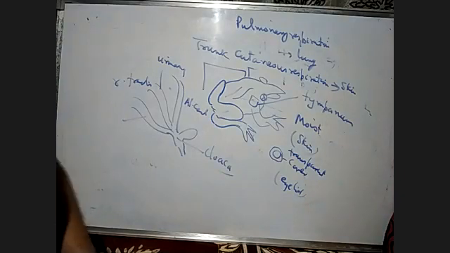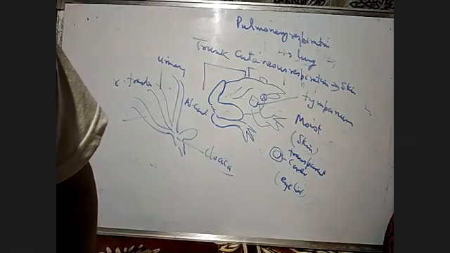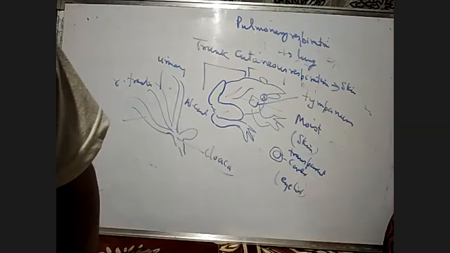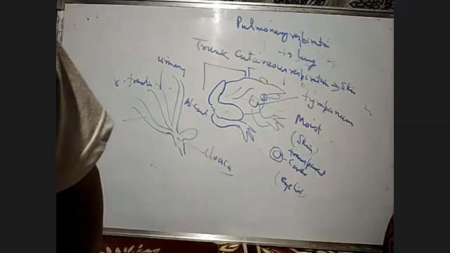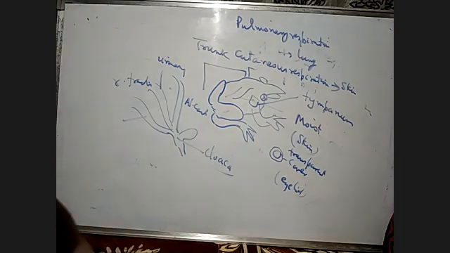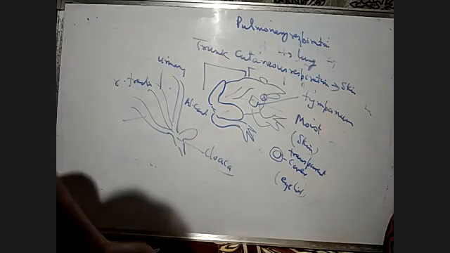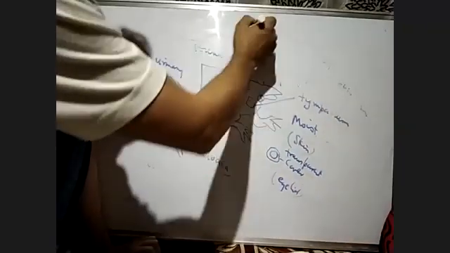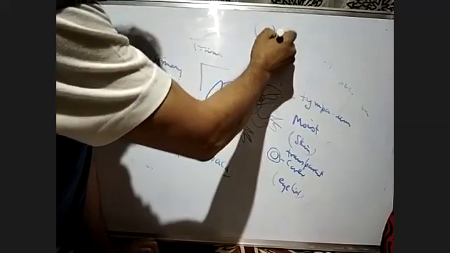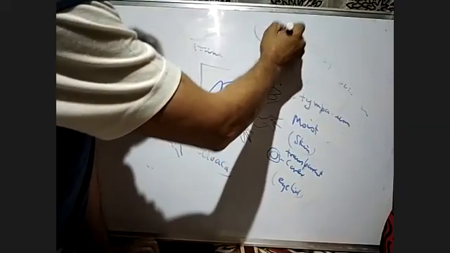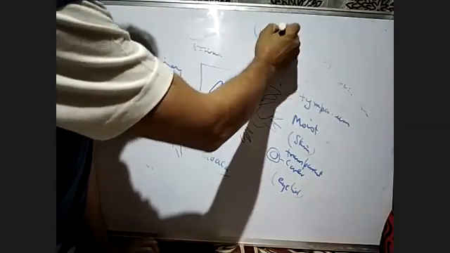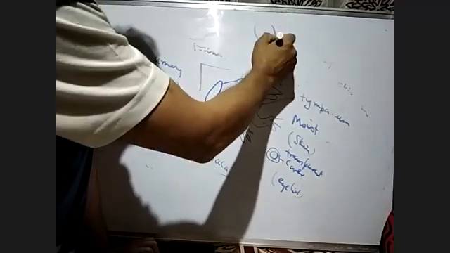Now the heart is three-chambered. In fishes, it was two-chambered. Now in the toad, frog, or amphibians, it is three-chambered. They have two auricles and one ventricle. The two auricles are divided in this way.